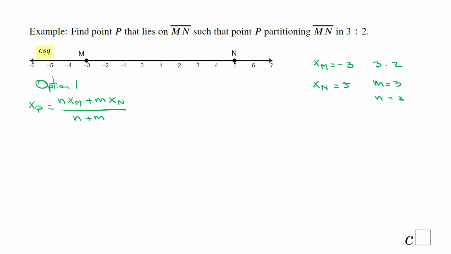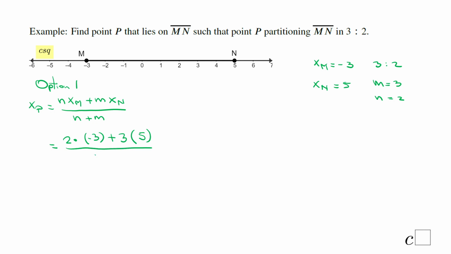So let's see how that works here. We're gonna plug it in, and we have n, which is 2, times x sub m, that is negative 3. We really need parentheses here, right? Plus m is 3, and we don't really need parentheses here, but let's put it just to show how we plug that x coordinate of point n.